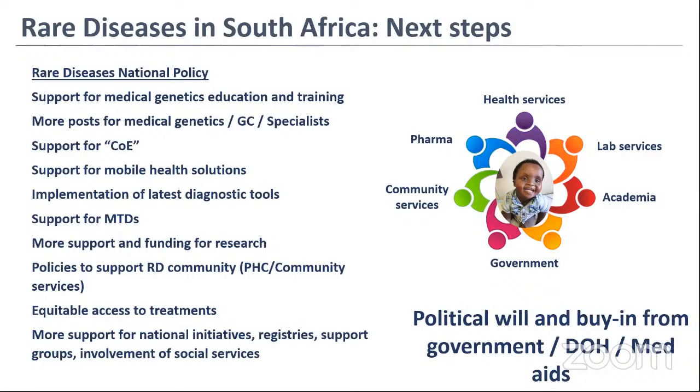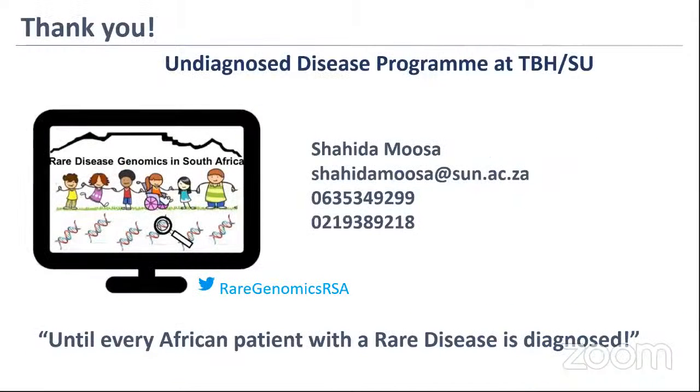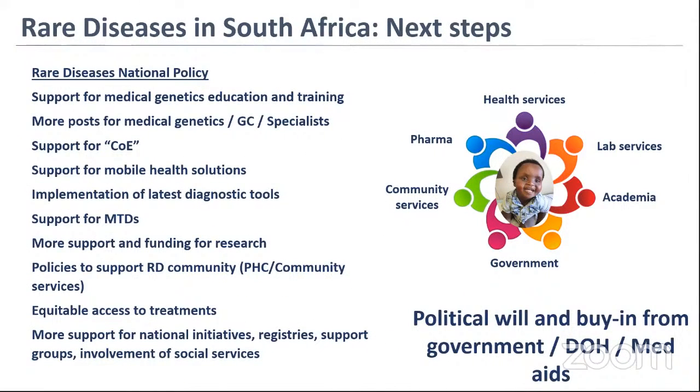Maybe there's a way for us to include people in the rural areas via mobile health as a first step. There's a definite need for us to implement the latest diagnostic tools and have multidisciplinary teams, more support for funding and funding for research, for example, and policies from government all the way down to support the rare disease community.